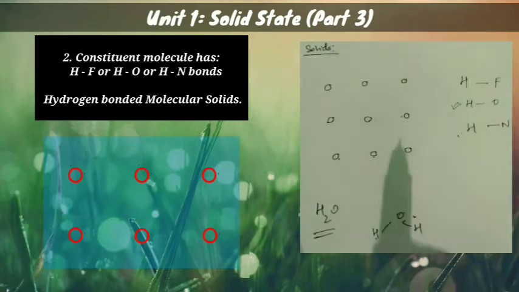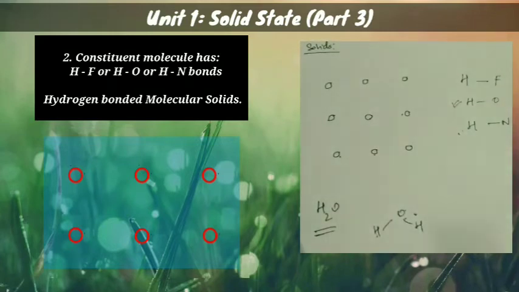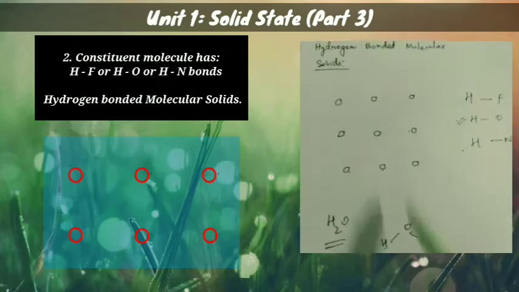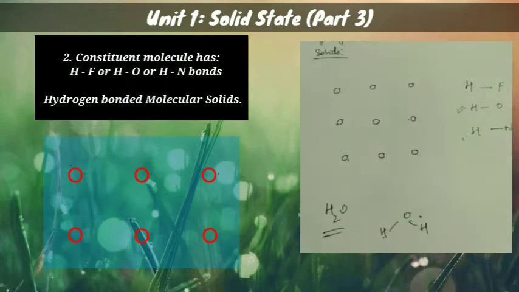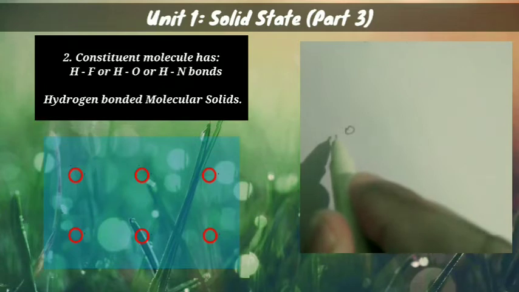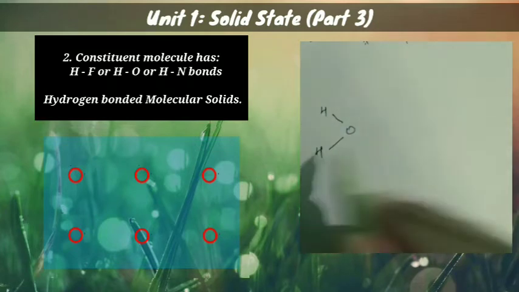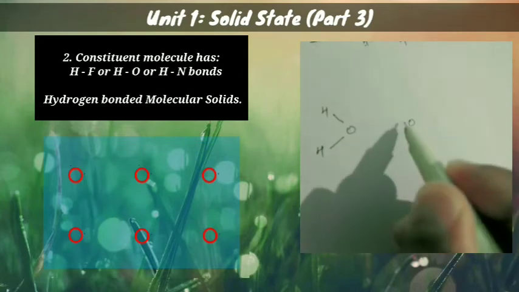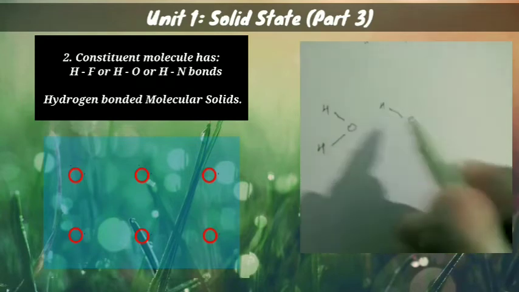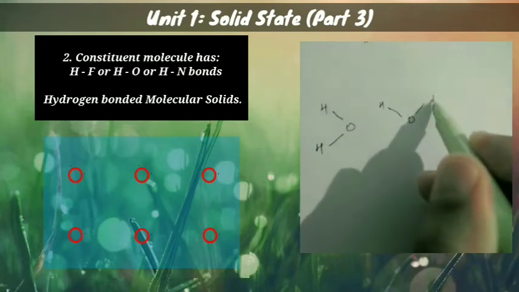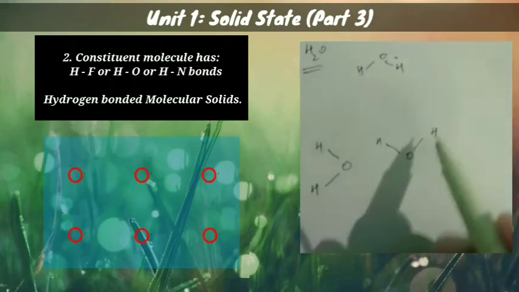Let's now discuss how they form the hydrogen bond. Suppose this is your oxygen, and this is your hydrogen, and this is another hydrogen. This is one molecule and this is the other molecule.